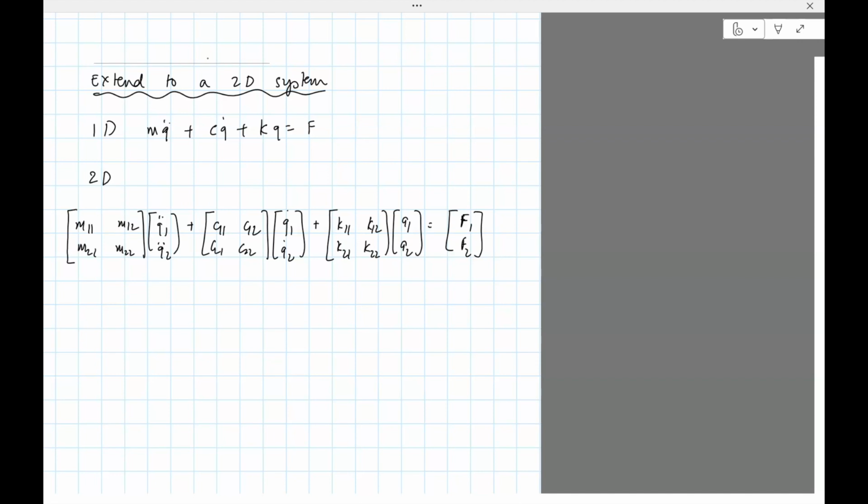So what we want to do here is create a controller F equals minus KP q minus KD q dot. What would that look like? Well, it'll look like this.